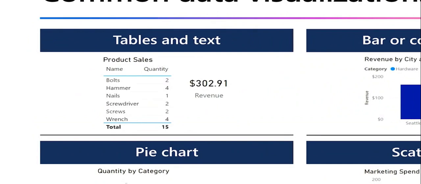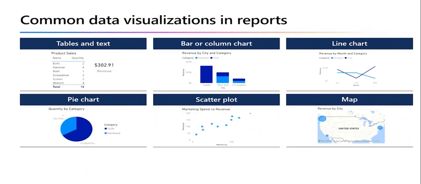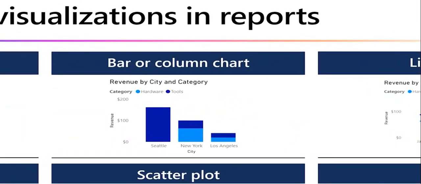Tables and text are often the simplest way to communicate data. Tables are used when numerous related values must be displayed, and individual text values in cards can be a useful way to show important figures or metrics. Then you have bar and column charts.